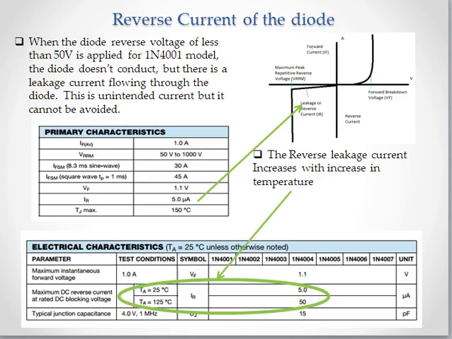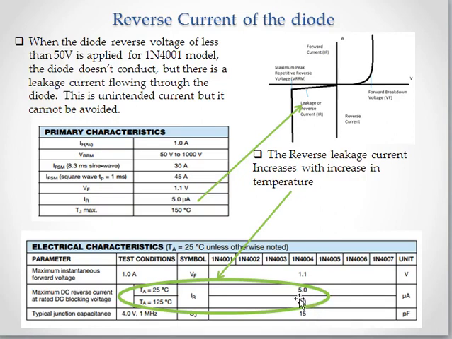If you see this table from the 1N4001 data sheet, at a temperature of 25 degrees centigrade, you see 5 microamps of leakage current. But as the temperature increases, the reverse leakage current increases. This is because of the thermal excitation of the ions, holes and electrons present within the breakdown region, which tend to move towards the other side of the junction.